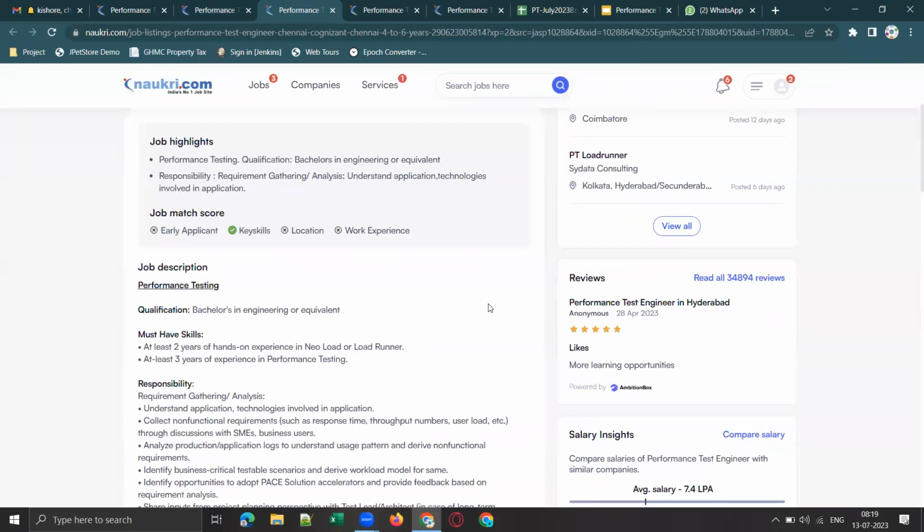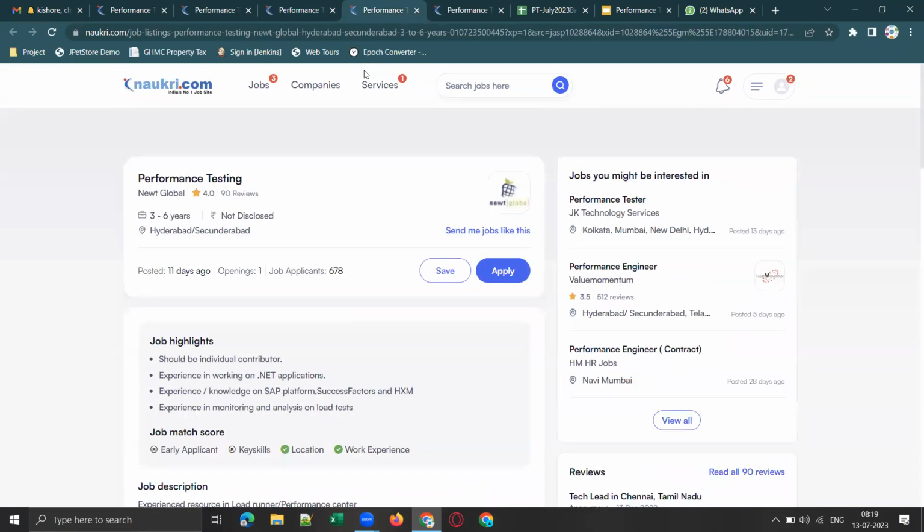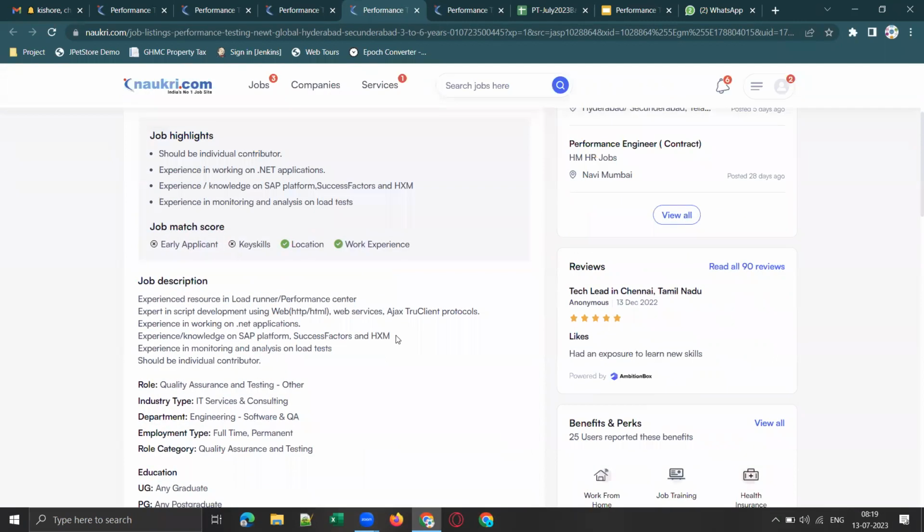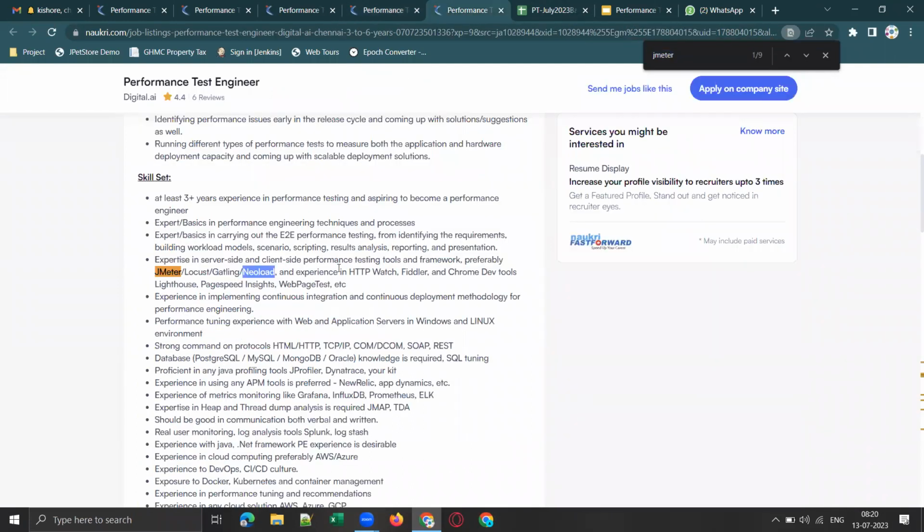And then NeoLoad or LoadRunner, right? This company is looking for only licensed tools. And then let me open a couple more JDs. You see over here, they're asking for LoadRunner, right? NeoLoad or JMeter. Clear, guys?